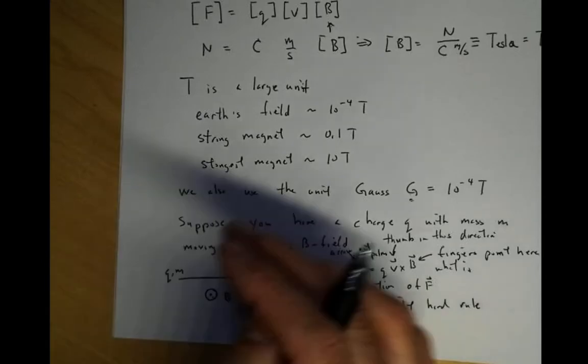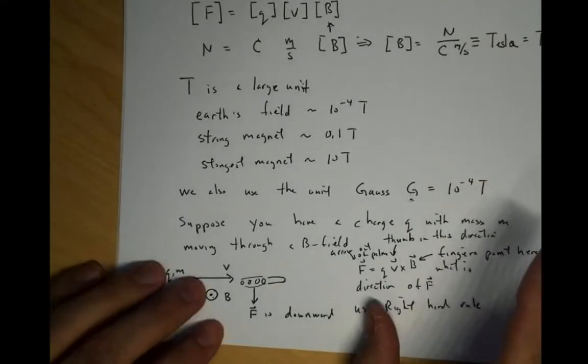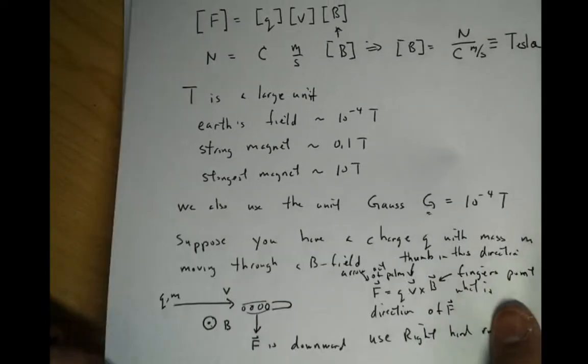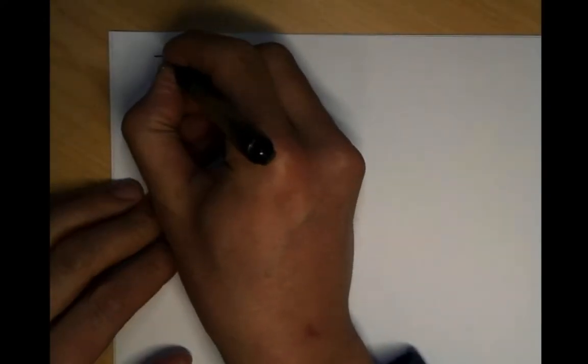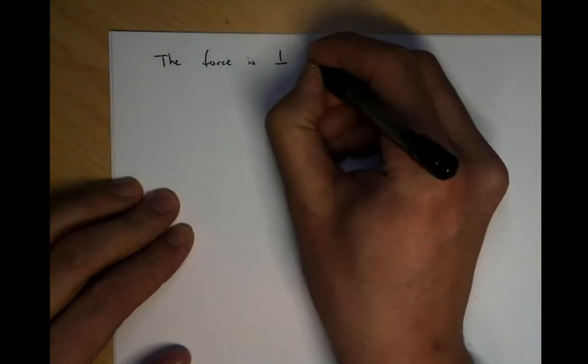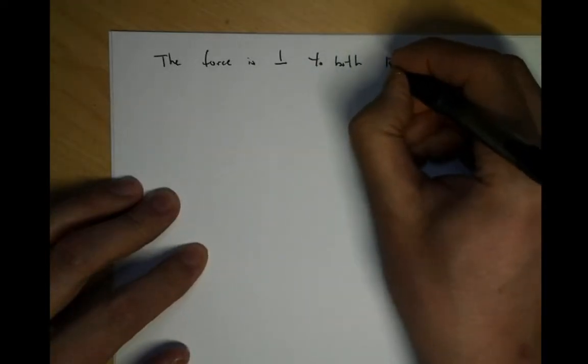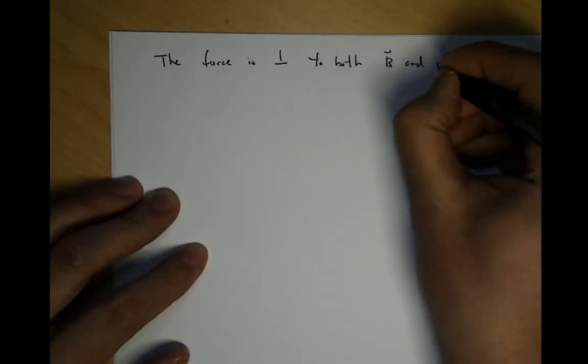Right? So this is the way you can do it for basically determining the direction of the force. Okay. Now, what's interesting about this, right, is that the force is perpendicular to both the velocity and the B field, right?